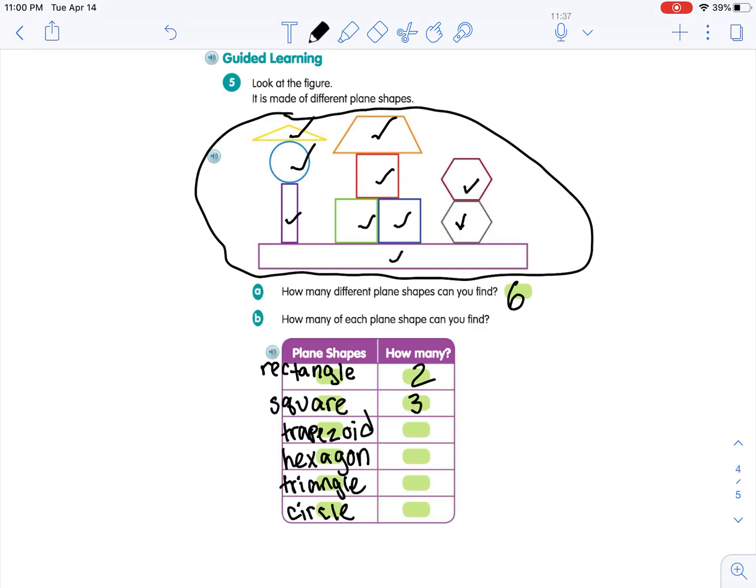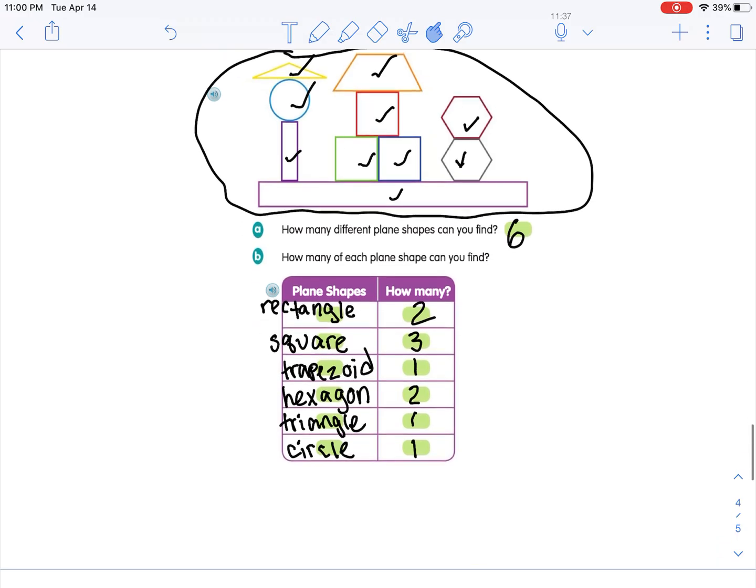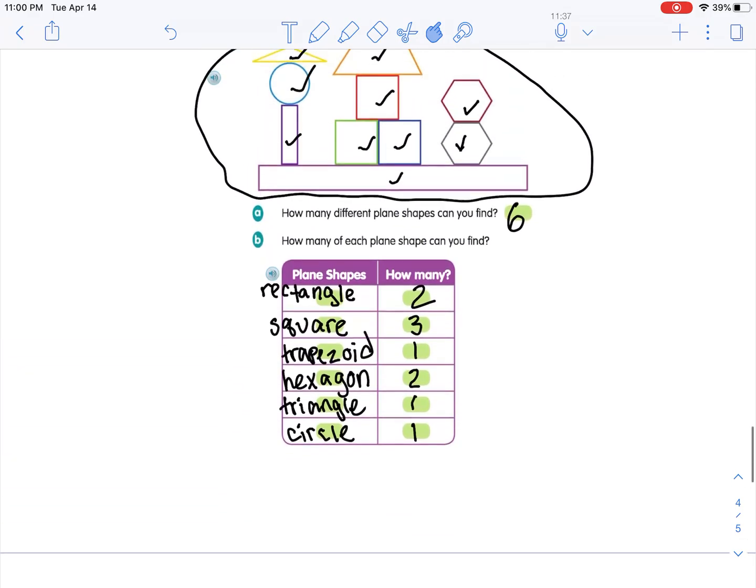You're correct, but how many trapezoids are in this figure? 1. That's right. Hexagon? You got it. 2 hexagons. Triangle? 1 triangle. And how many circles? 1 circle. Great job, guys. We found all of those plane shapes.